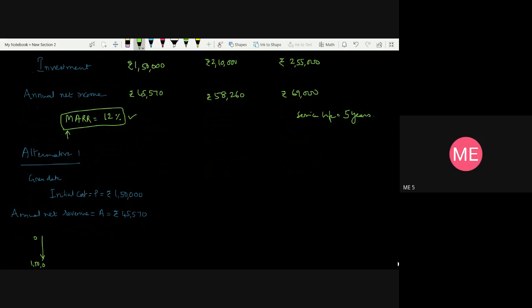So at time 0 we have 1,50,000, and then at the end of the first year, second year, third year, fourth year, and fifth year, there is no salvage value in this case, we have rupees 45,570 for each year.